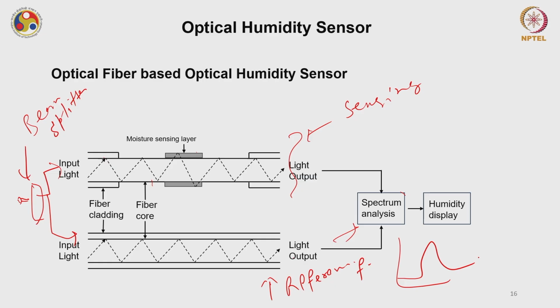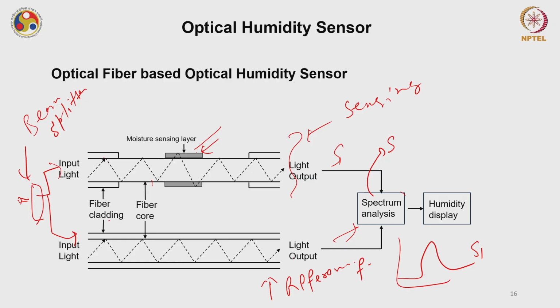Now say this is the signal that has been detected. The same signal, say I am calling it S1, you can expect from this spectrum analyzer if this moisture sensitive layer has not absorbed any moisture. Now since it has absorbed something, its refractive index changes.